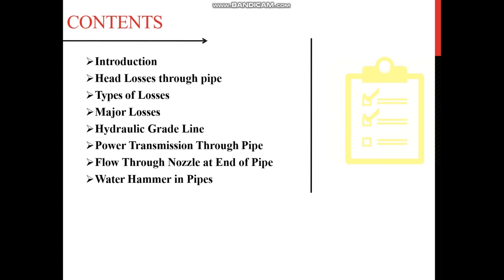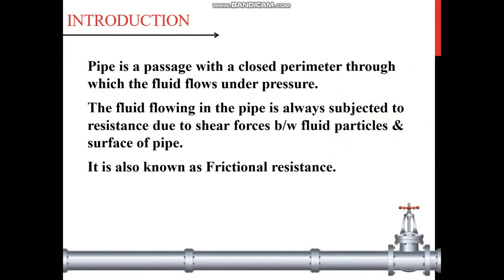Then we'll discuss the HGL, that is hydraulic gradient line, and also the total energy line, that is TEL, and also the power transmission through the pipe and flow through the nozzle at the end of the pipe, and at last we want to discuss the water hammer in the pipe.